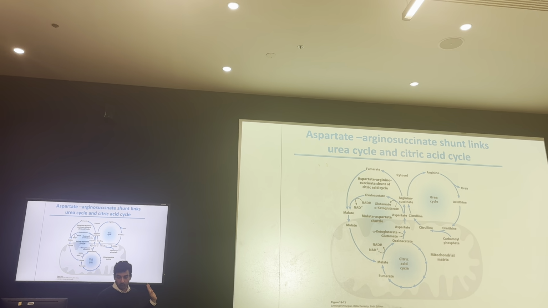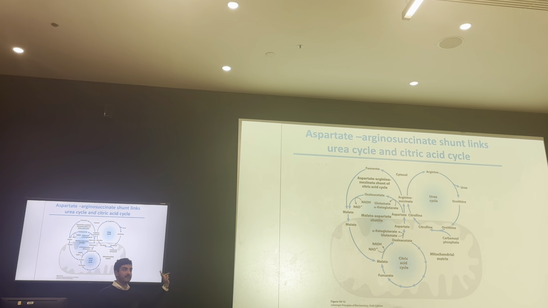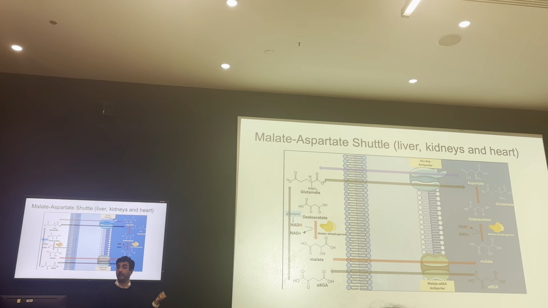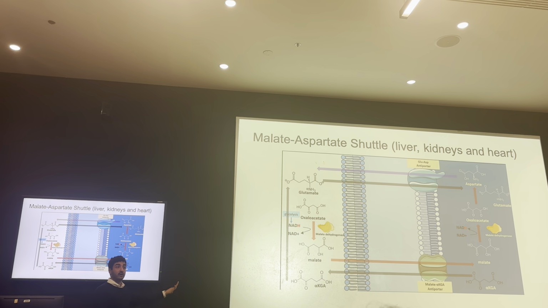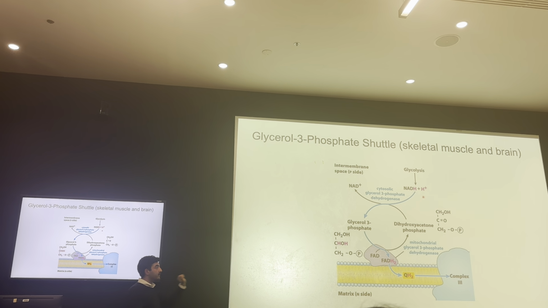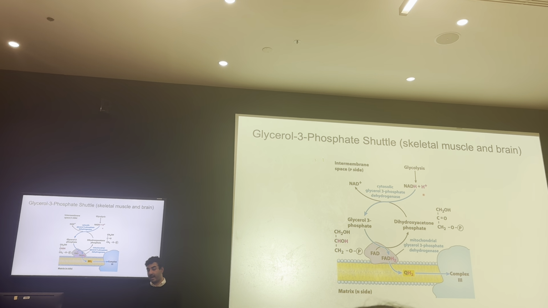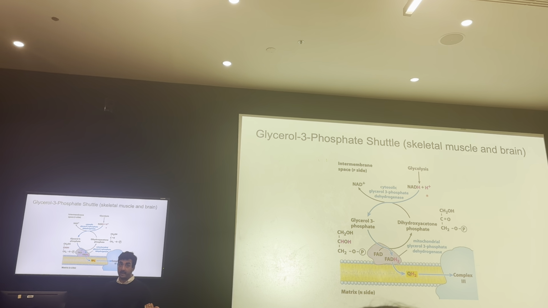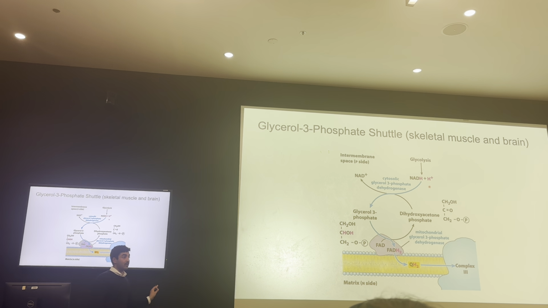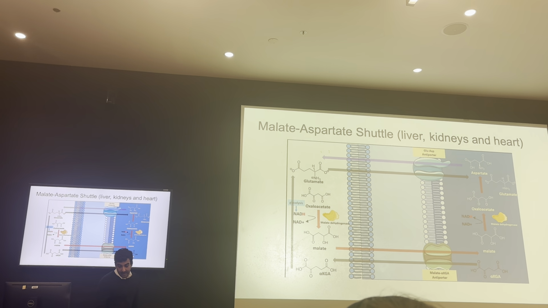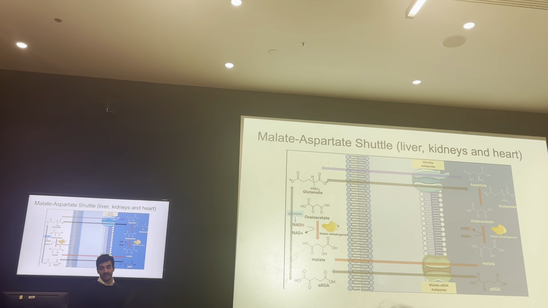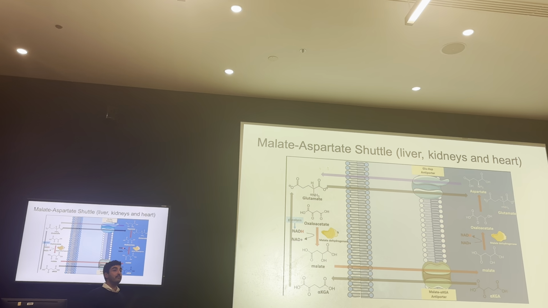So again, recap, we talked about the malate aspartate shuttle. We dove a little bit deeper, talking about the link between the TCA cycle and the urea cycle and the electron transport chain. And then here, we talked about a specific overlap between the electron transport chain and glycolysis in specifically the skeletal muscle and brain, to address the same thing that this does for our liver, kidneys, and heart, which is, again, the movement of electrons.